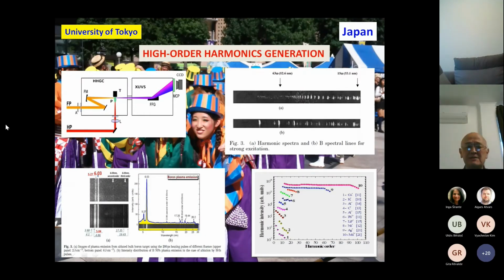The next step of those studies was the analysis of high order harmonic generation. How can it happen? I analyzed boron plasma and demonstrated that in some cases, at specific conditions of excitation of boron, very strong emission in the range of 6 nanometers appears, while almost all other lines do not exist, and only 6 nanometer radiation remains.